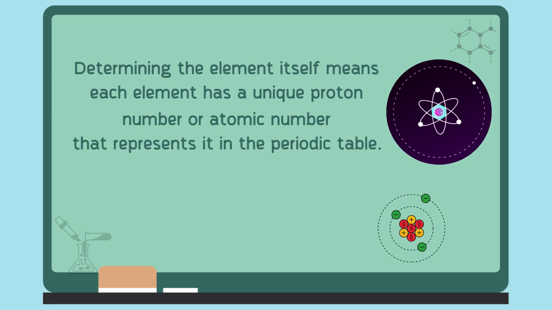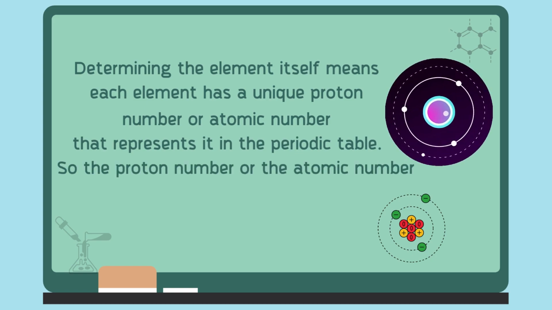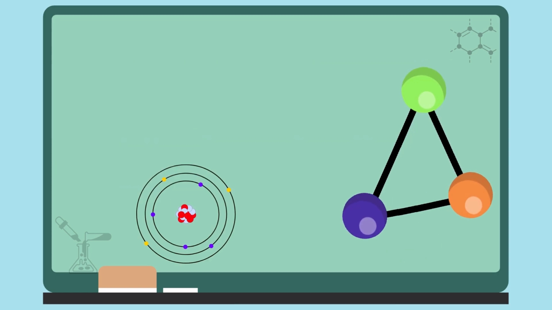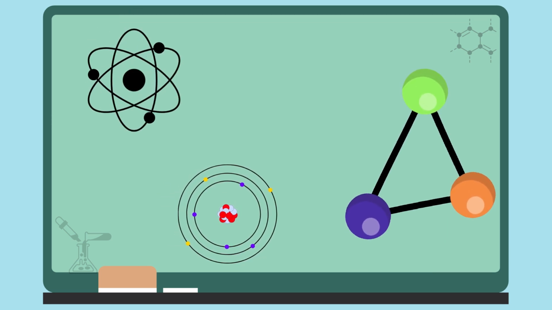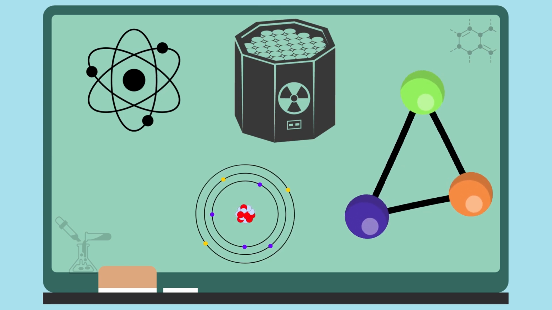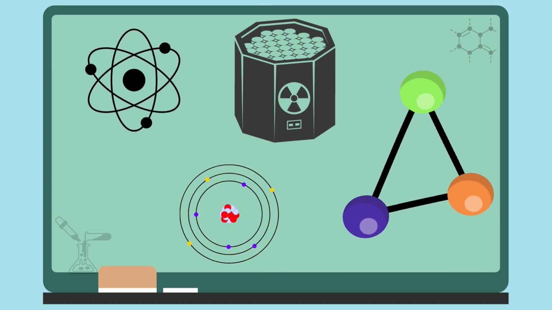So the proton number or the atomic number decides what element it forms. Neutrons, on the other hand, contribute to the mass of the atom as well as play a role in the formation of isotopes, which we will discuss later. Protons and neutrons together form the nucleus of an atom.